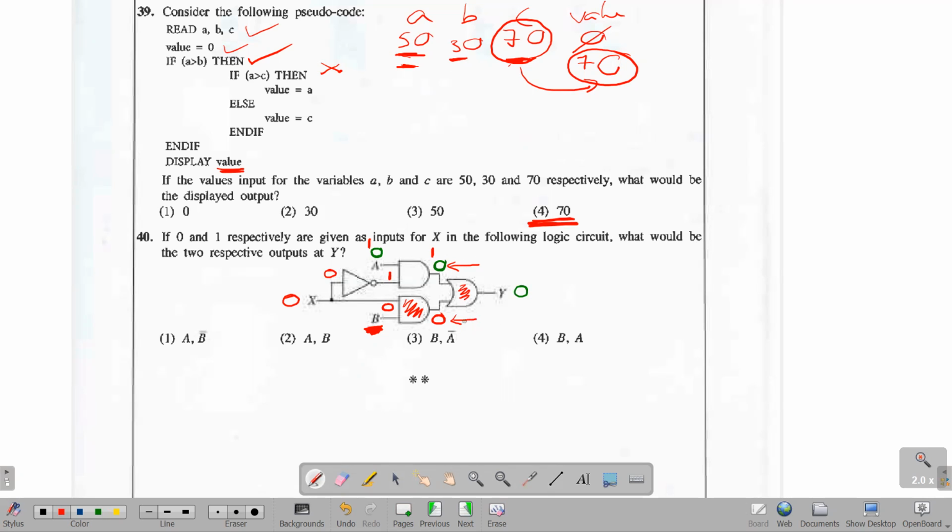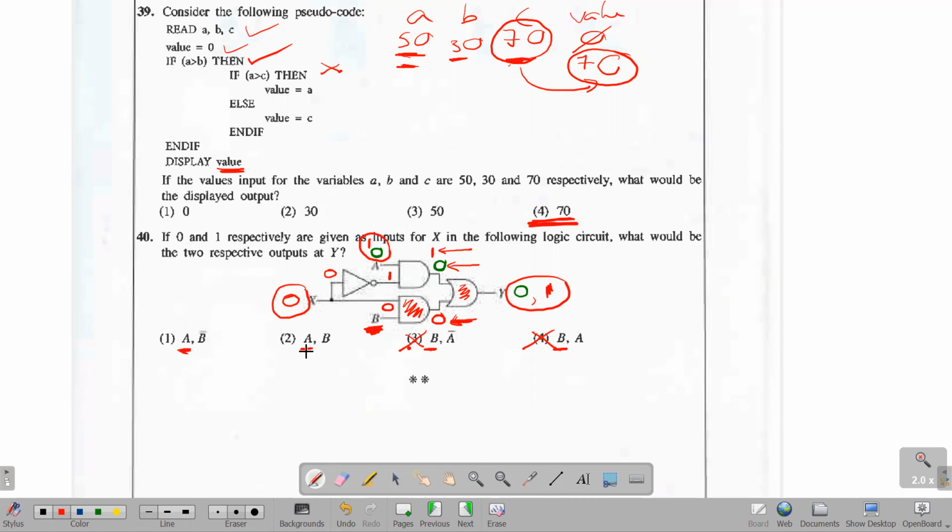When this provides 0 and 1, Y is going to become 1. That means Y is going to have the values of A when X is 0. So that means the third one is not going to be the answer because it says the value of B, and the fourth one is not as well. So third and fourth is gone. So first and second has A as their answer.